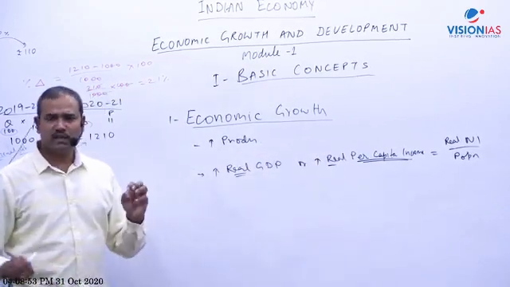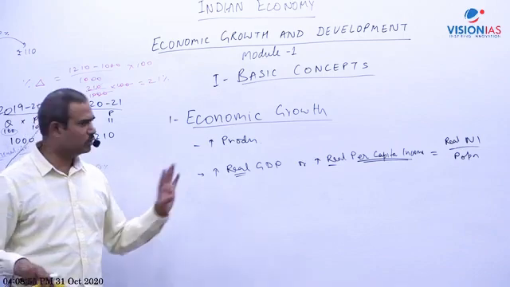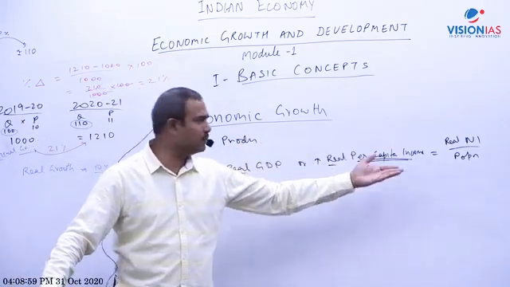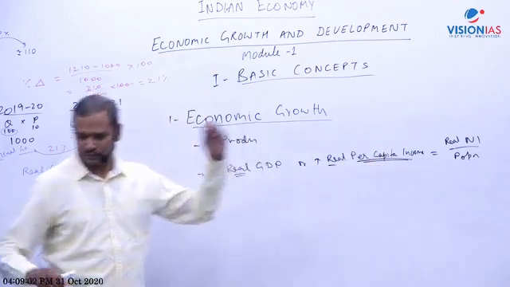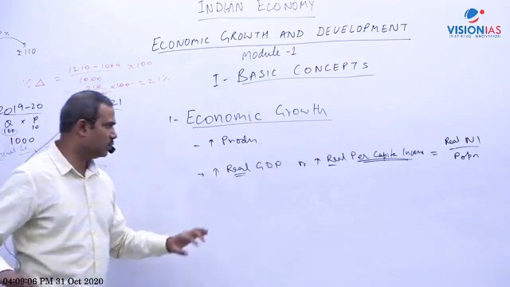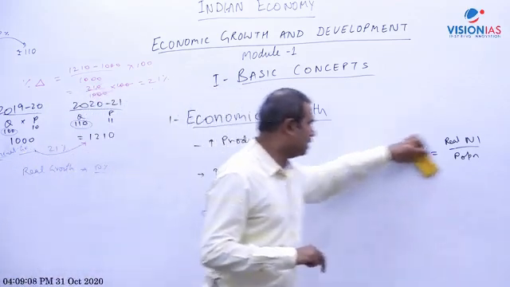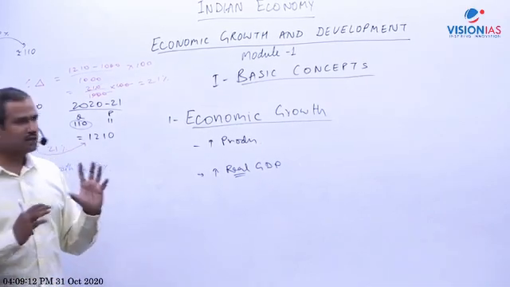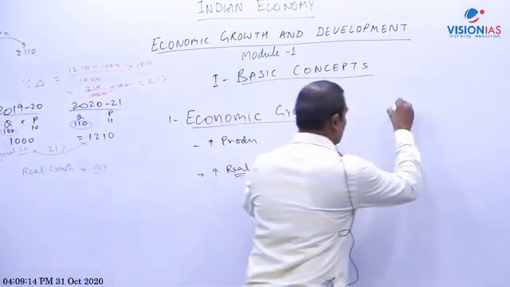GDP and national income growth are almost similar. If GDP is increasing, most probably national income and per capita income will also increase. So both definitions are almost similar. This is the meaning of economic growth.